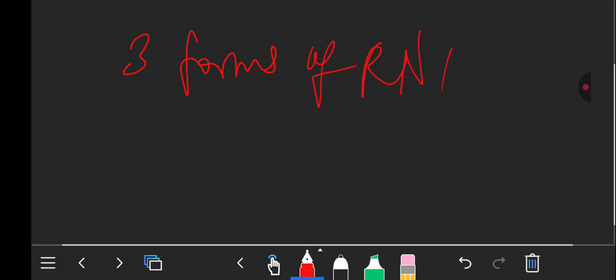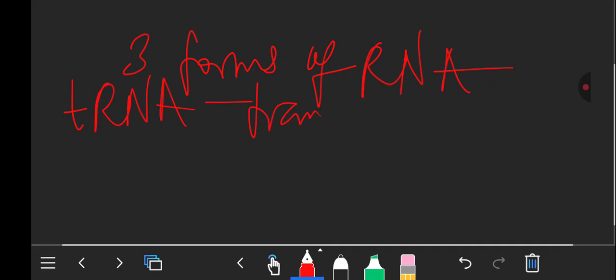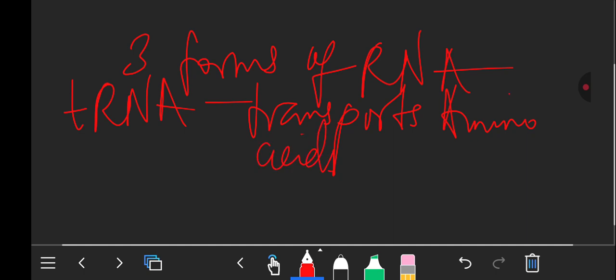Maybe let's conclude by talking about them. We have the transfer RNA, tRNA. This one transports the amino acid.